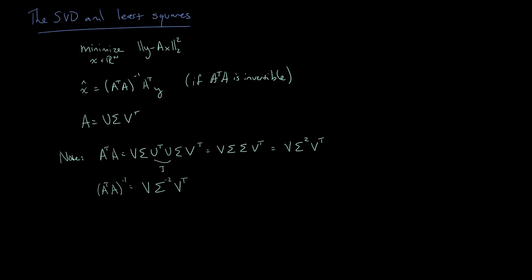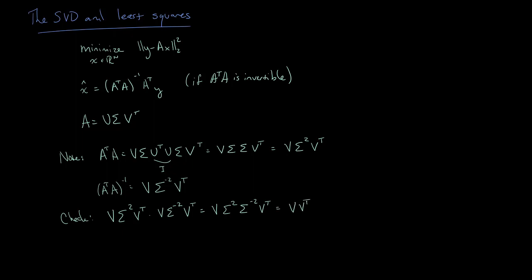But once I write it down, it's also very easy simply to check. So if we consider V times sigma squared times V transpose and apply what I'm calling the inverse here, V times sigma to the minus 2 V transpose, by multiplying these together, we get V transpose V equal to the identity. And then we have sigma squared times sigma to the minus 2, which will again be the identity. And we're left with V V transpose.